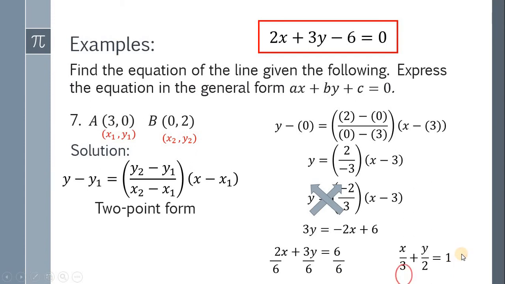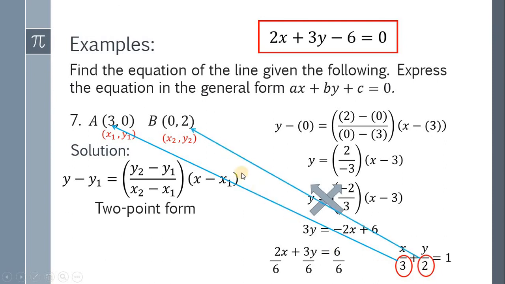Now, familiar ba kayo dun sa 3? Saan nyo siya nakita? Yun yung ating x-intercept. Yung point na dinaanan sa x-axis. Okay? Bakit nasa x-axis? Kasi 0 yung y. Yung 2, siguro naman familiar na kung saan nakita yung 2. Yun yung ating y-intercept.